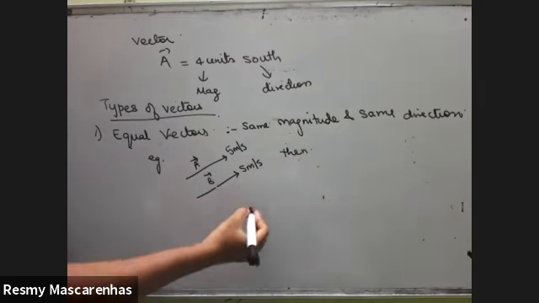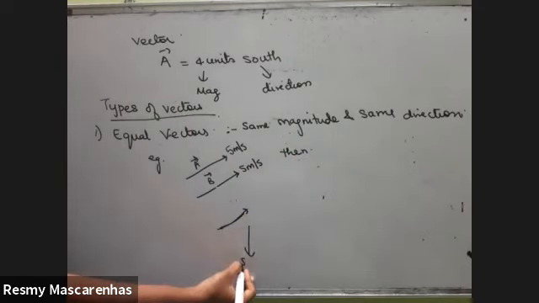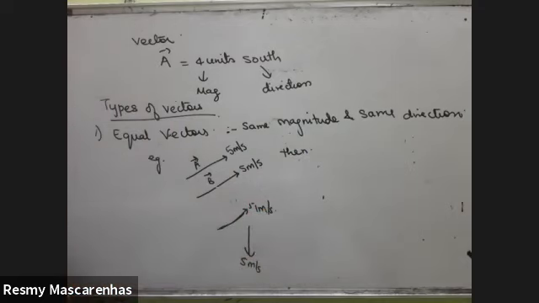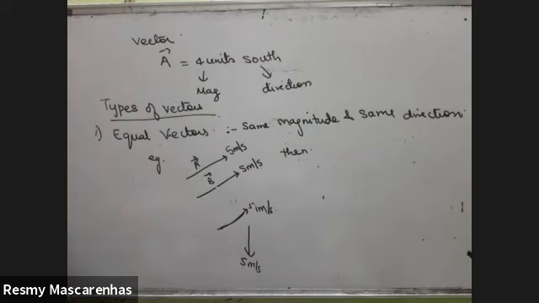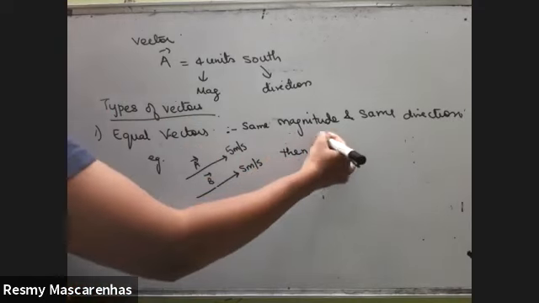If one of them were going this side and one was going something like this, even though they had 5 meters per second, they would not be equal, because magnitude is same, but direction is not the same. They are going in different directions. Then they would be unequal, which we will come to in the next one. So the condition for equal is both should be equal.